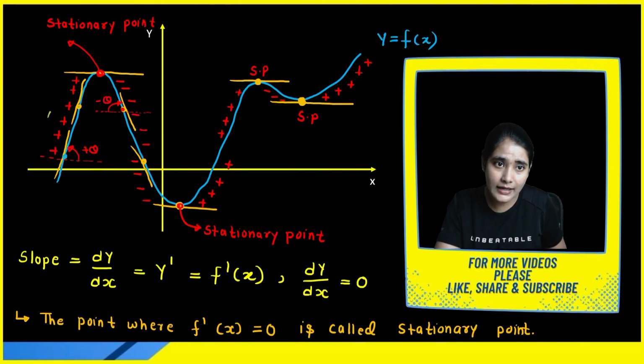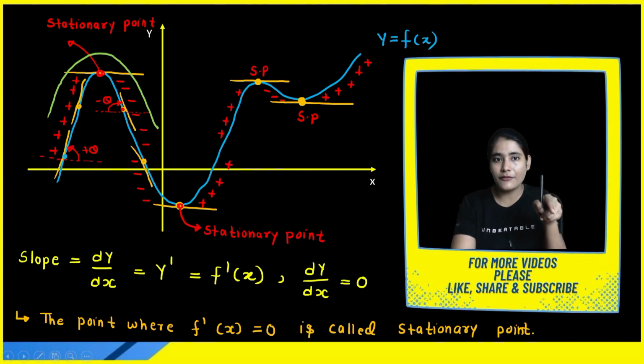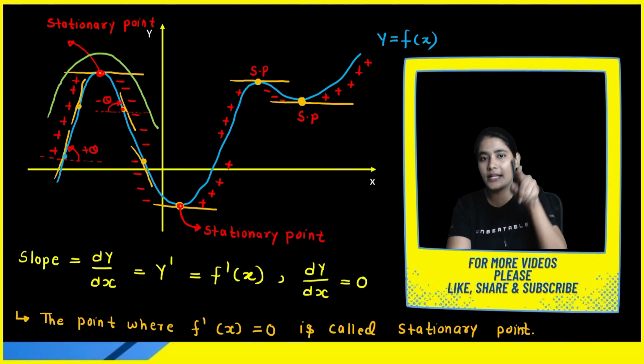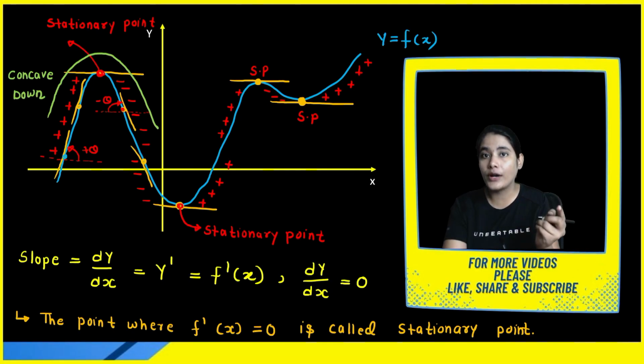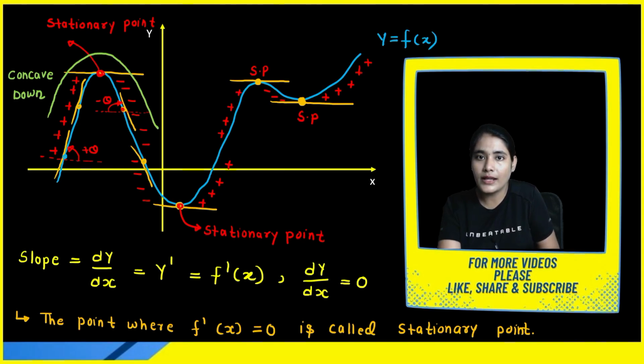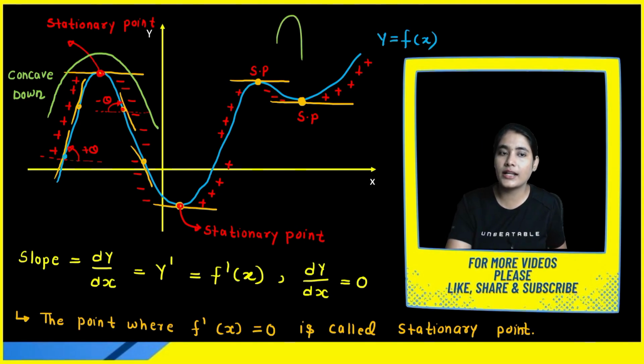You are taking a graph like this. First you are going up, then you are going down. Whenever your graph is like this, first going up, then going down, always remember this is known as concave down. I am talking about the concavity. So whenever you are drawing a graph like this, this is your concave down.